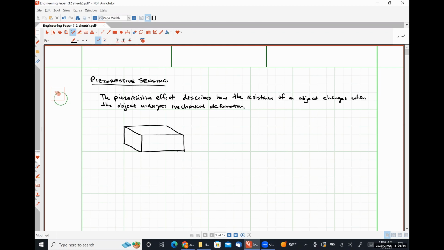So if we have a simple beam structure like so, that has some length L and some cross-sectional area A, if we subject it to a stress or strain, we are going to see that the dimensions of our object change.